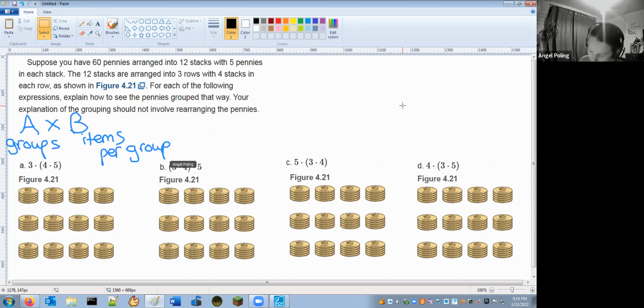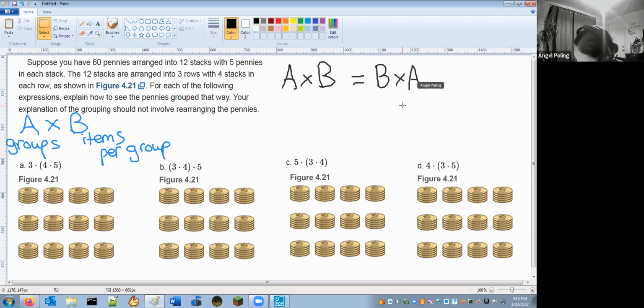Okay, so what we want to express now is the commutative property and the associative property. So A times B has the same value as B times A.